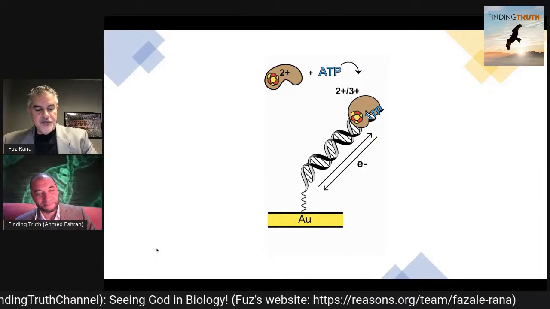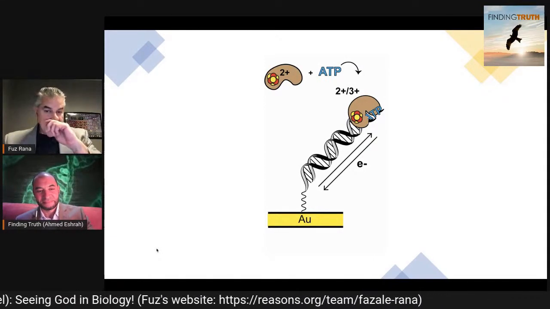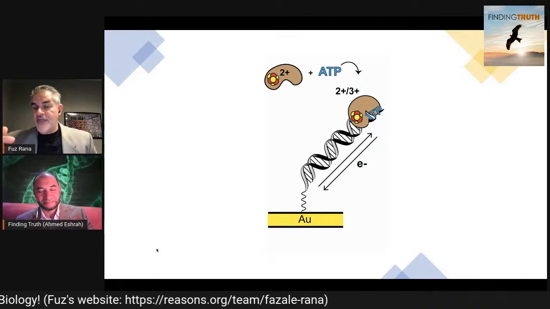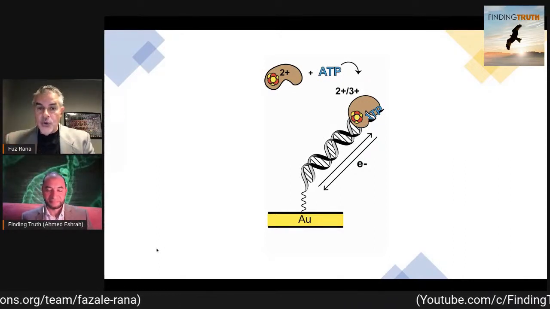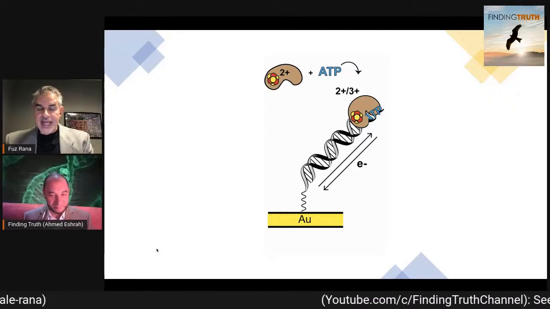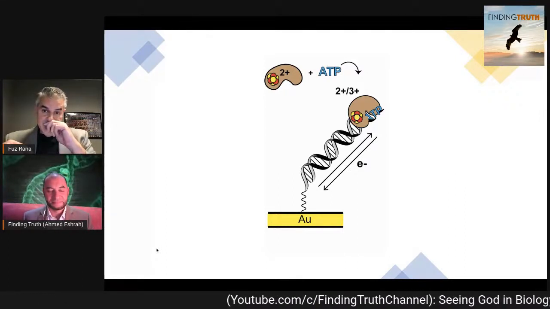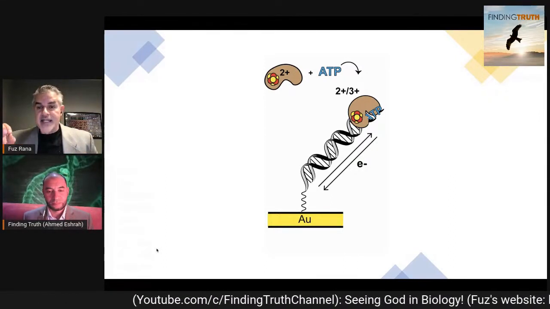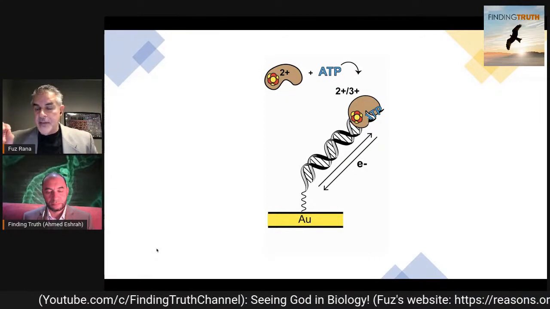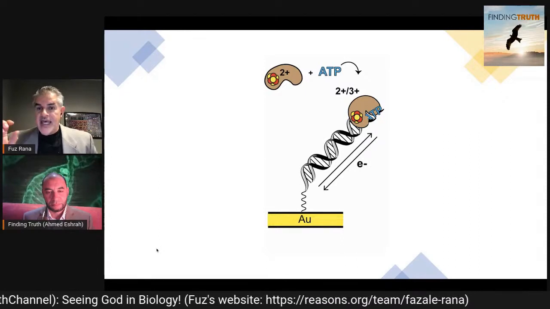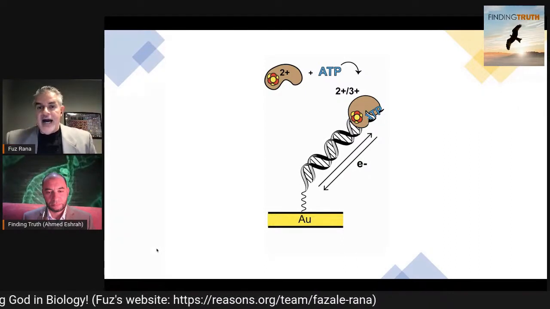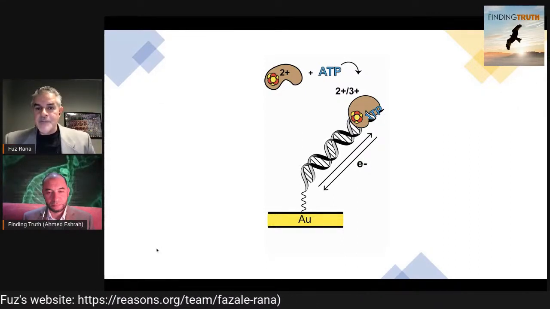For example, they would essentially tether the DNA double helix to a gold surface. And what they discovered is that this was an excellent way to measure the binding of proteins to the DNA that have what's called an iron sulfur center.